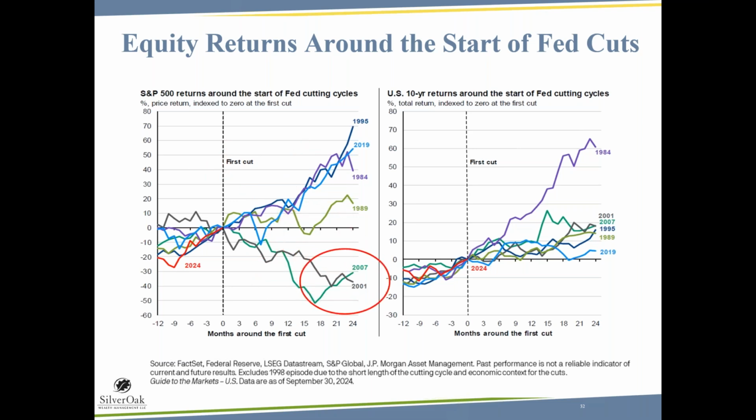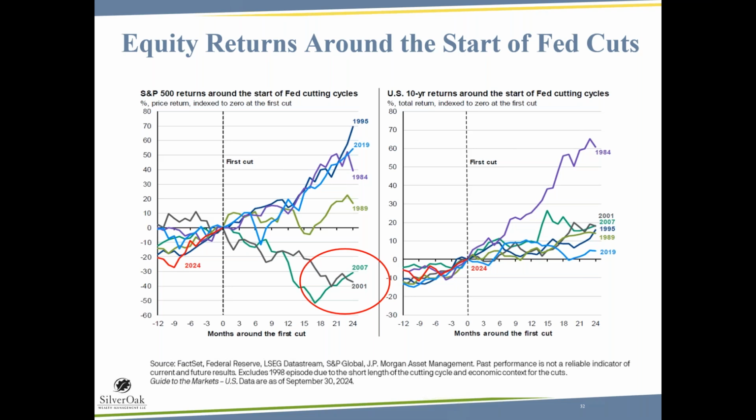If you look on the top, you're looking at 1995, 2019, 1984, 1989, generally positive performance. We do have two instances, though, in 2007 and in 2001, where stocks were down following the beginning of a rate cut cycle, but that was because we were kind of already heading into recessions in those cases.